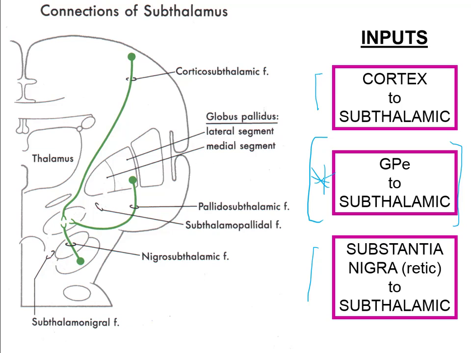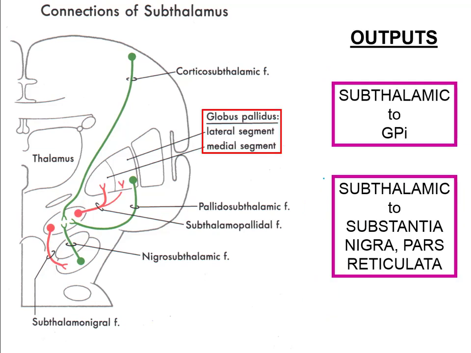So now we've gone cortex to putamen, putamen to GPE, GPE to subthalamic. What do you think is going to come next? Let's think about outputs of the subthalamic. So, goes mostly to GPI. We've now gotten our information to the output device.